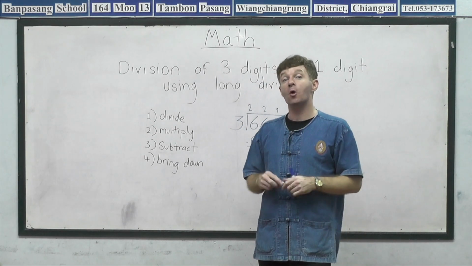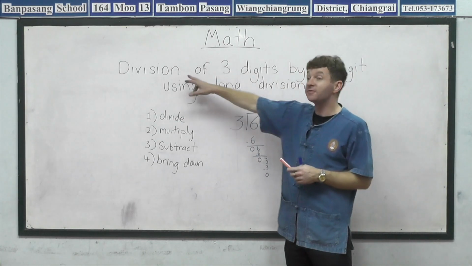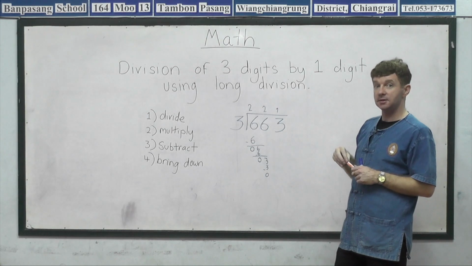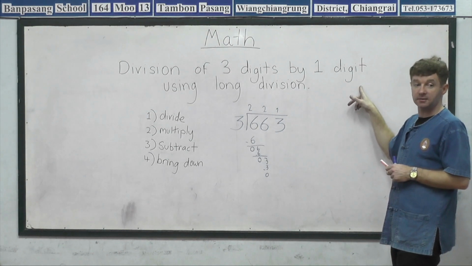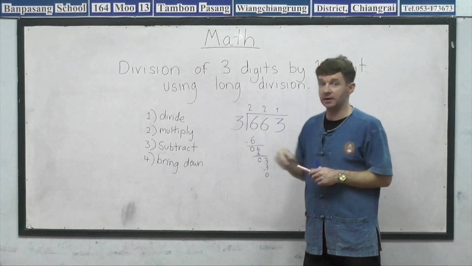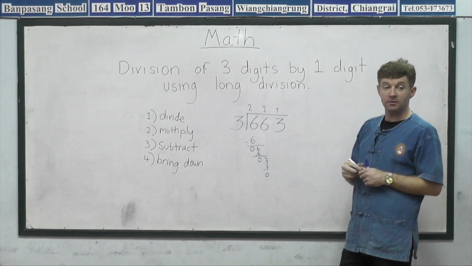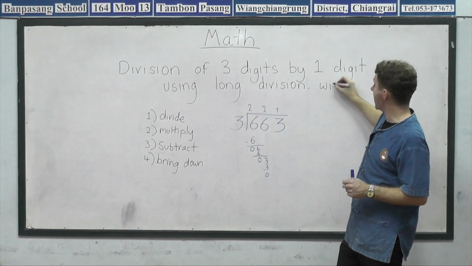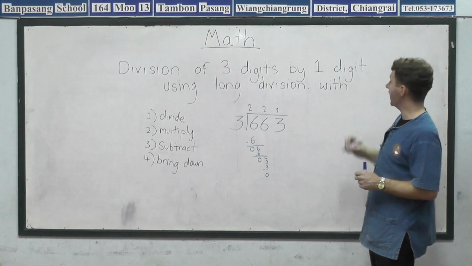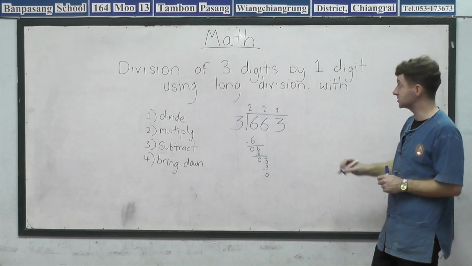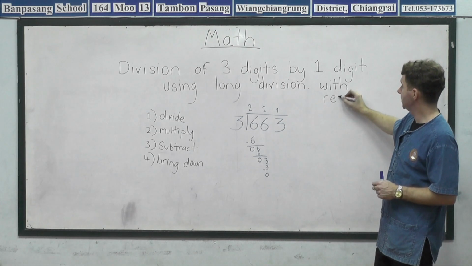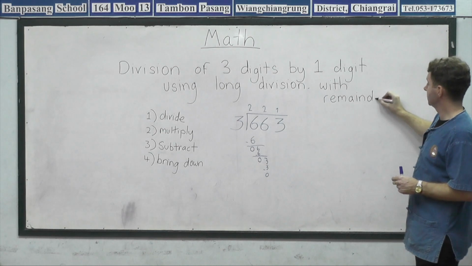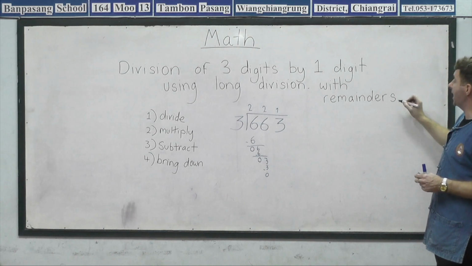So now we're going to learn how to use division of 3 digits by 1 digit using long division with remainders.